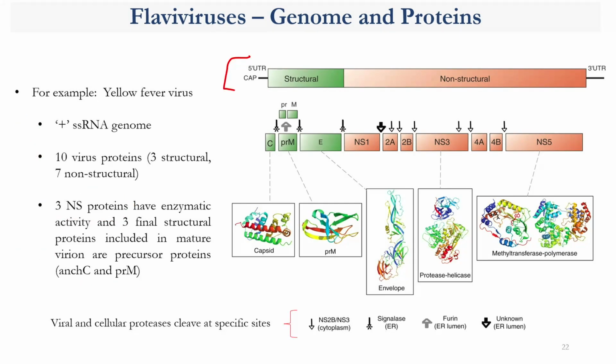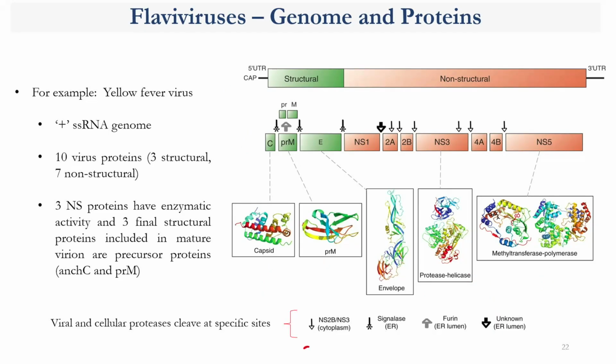So again, here's the genome, different proteins, and you'll see some of them are forming the capsid. There's the PRM protein, envelope protein. This protein has dual functions, so protease and a helicase, and a methyltransferase polymerase, okay? So these are the different proteins that are going to be synthesized.